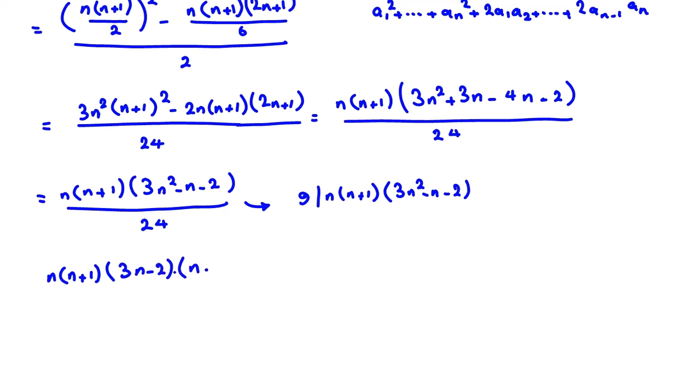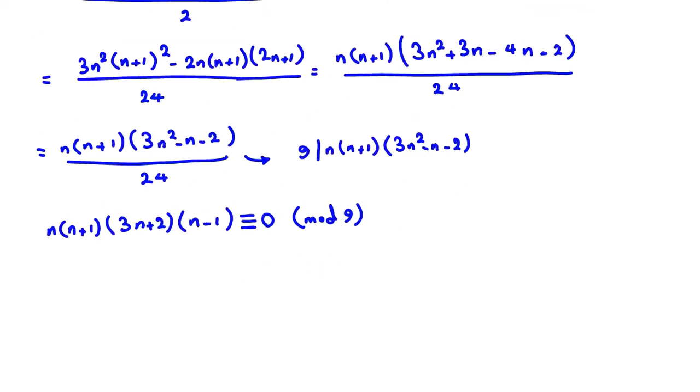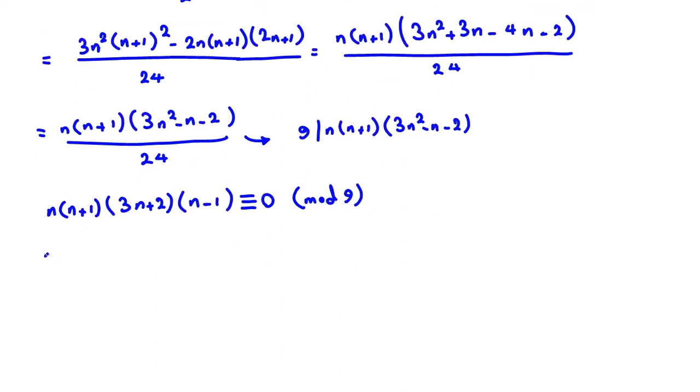If you have plus 1, let's write plus 2 minus 1: 3n squared plus 3n minus 2n minus n... minus 2. So this one should be 0 mod 9. Now let's rearrange these. It will be (n minus 1) times (n plus 1) times (3n plus 2) is 0 mod 9.